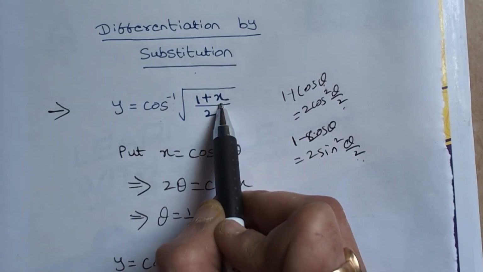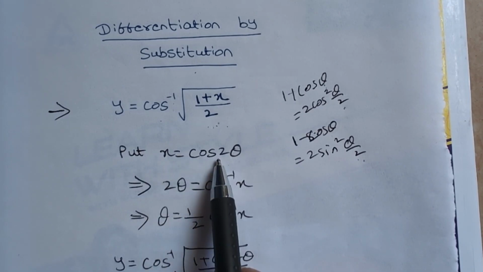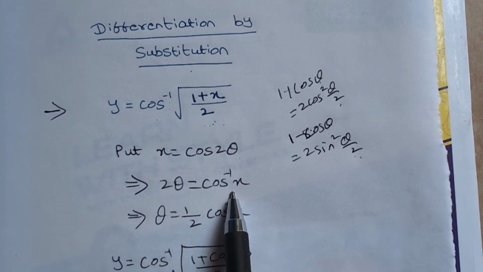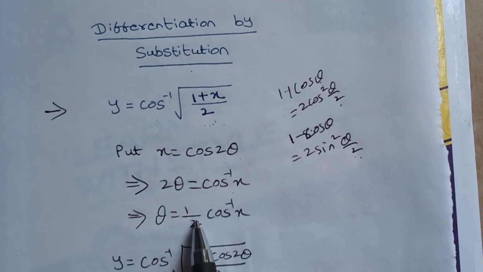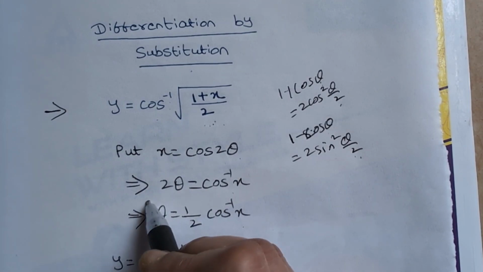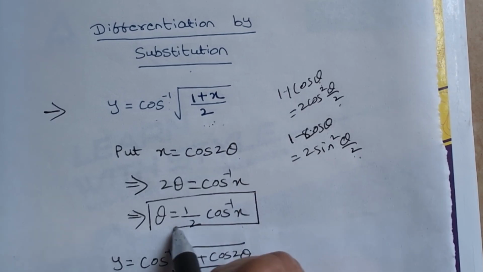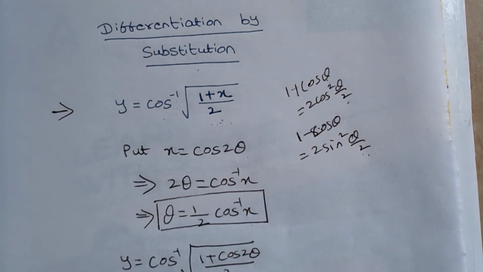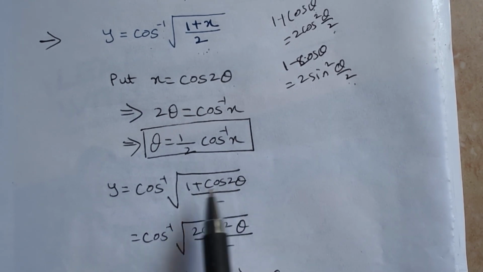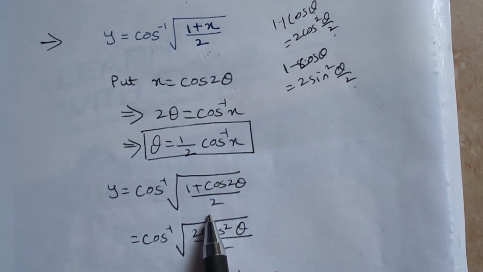Now here we have 1 plus x. So if we put x equal to cos 2 theta, then from here 2 theta is cos inverse x and theta becomes half cos inverse x. Now this value of theta we will use at last, when we have to replace the value of theta. Now we have y is equal to cos inverse root of (1 plus cos 2 theta) upon 2.